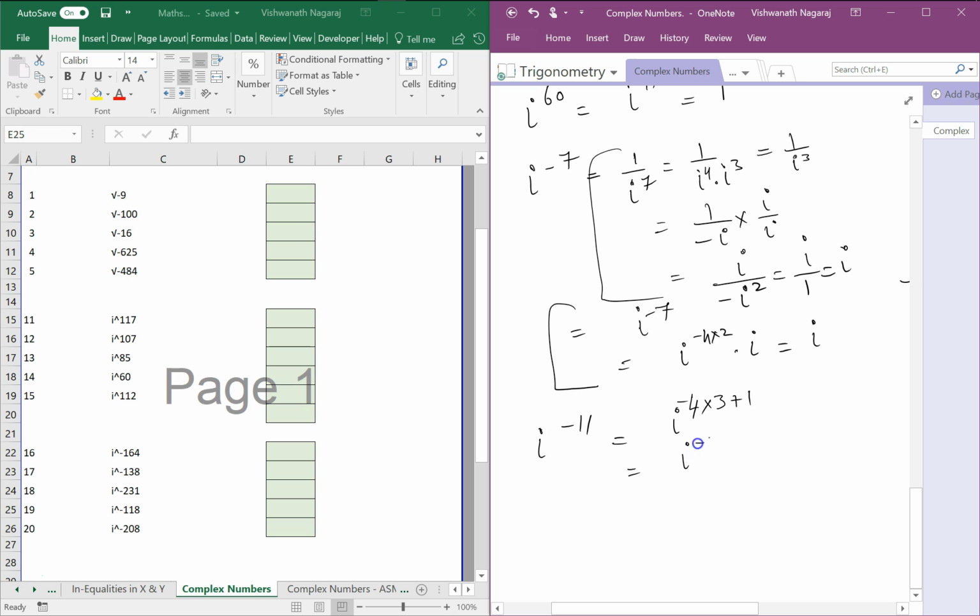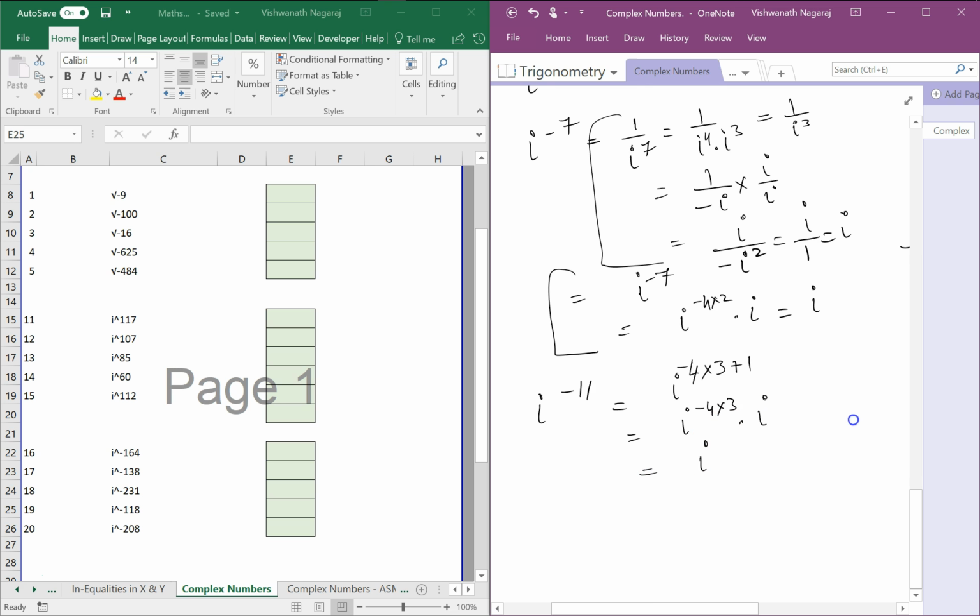So this becomes i to the power of minus 4 times 3 into i. Now i to the power of minus, let's say, 30. Again minus 4 into, 4 sevens are 28, go beyond, 4 eights are 32, plus 2, which is i to the power of 2, which is minus 1.